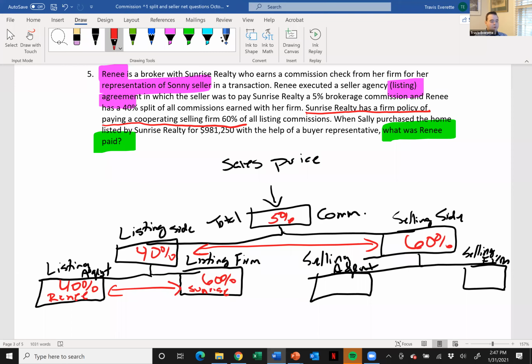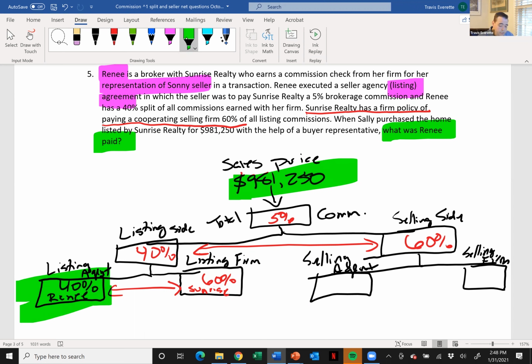It says when Sally purchased a home listed by Sunrise Realty for $981,250. So here's my sales price, $981,250. With the help of a buyer representative, what was Renee paid? Well, if you've mapped it out now, it's really easy to see. Okay, here's Renee, here's my sales price, and here's my path to get down to Renee, which means I've got to go through 5%, I've got to go through 40%, and I've got to go through 40%.